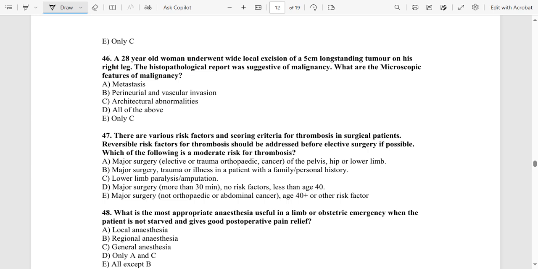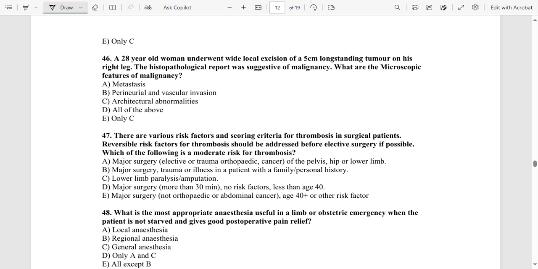So, features of cancer: metastasis, which you can see, of course, with the lymph nodes involved or the distant organs; perineural and vascular invasion. The malignant cells can actually infiltrate into the nerves and the vessels, and that can be seen.